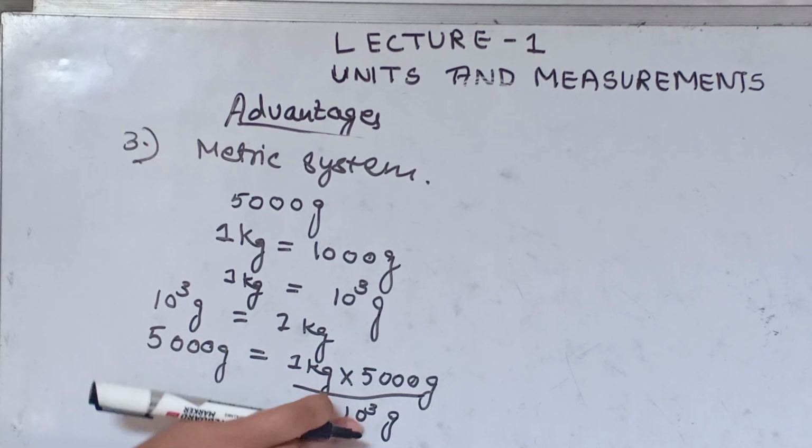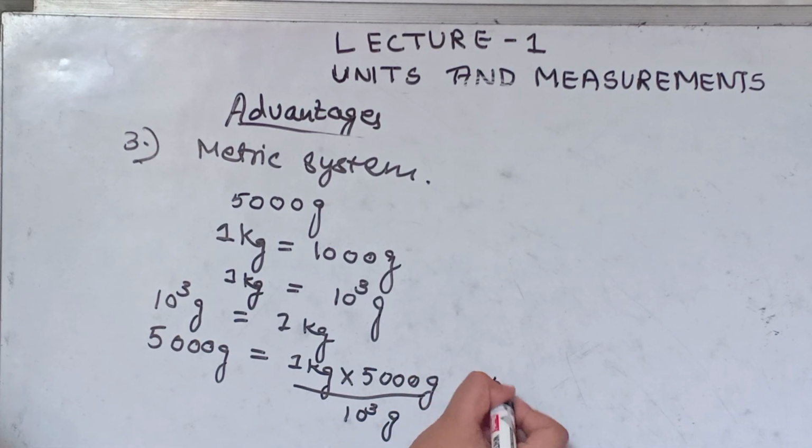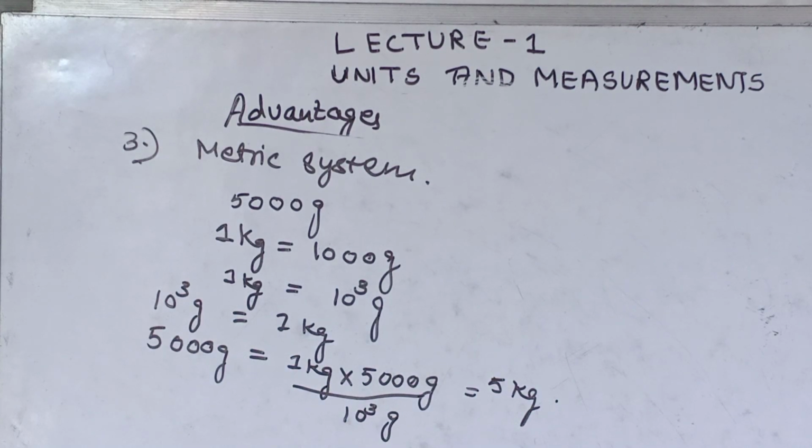On solving it, this 10 raised to power 3 is nothing but 1000, so gram will get cancelled with gram, and we can write it as 5 kg. This is what we mean by a metric system. Next very basic advantage is that it is internationally accepted system of units. These were the advantages of SI units.